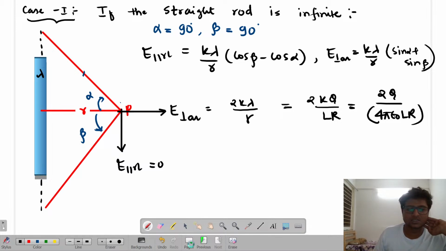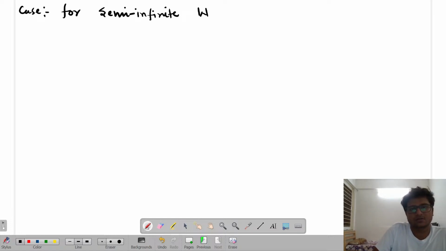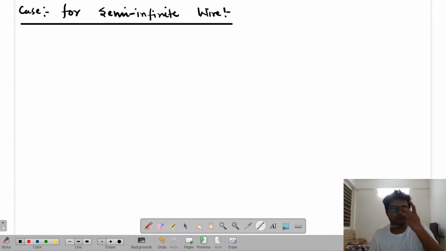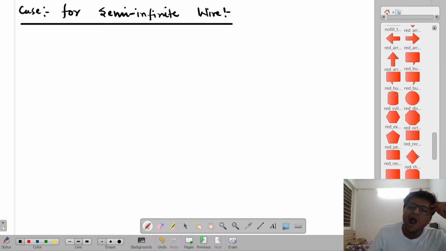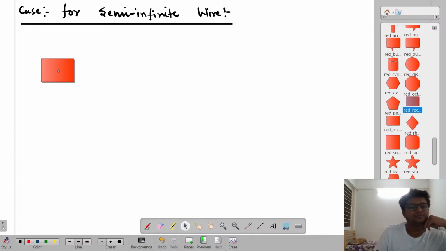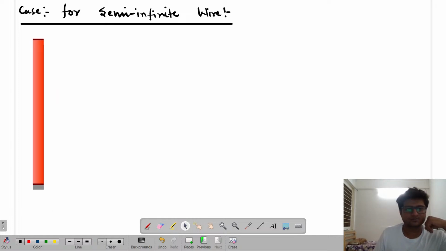Let's suppose if it is a semi-infinite wire. Second case, for semi-infinite wire. Okay, means if the wire is not going till infinity, so this is my wire and it is going till infinity in only one direction, but over here it is stopped. Right or not?